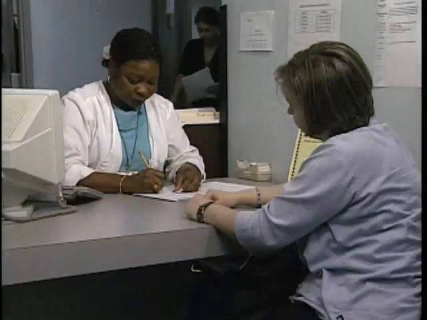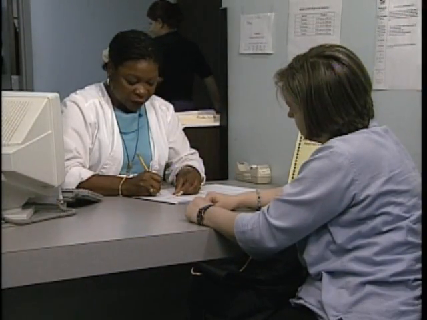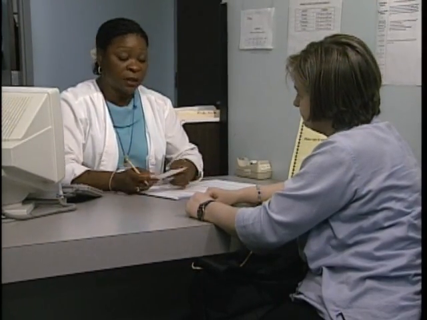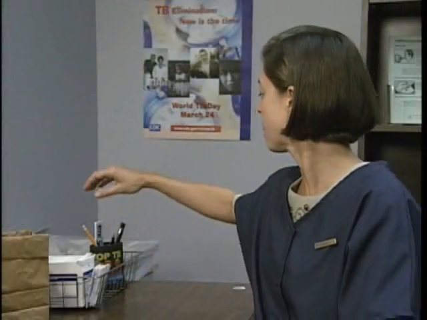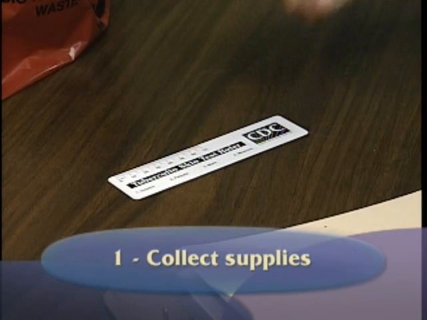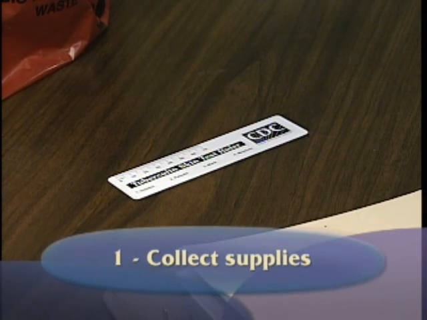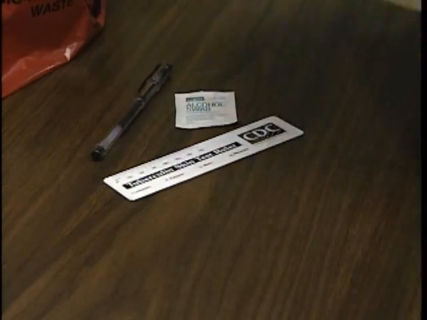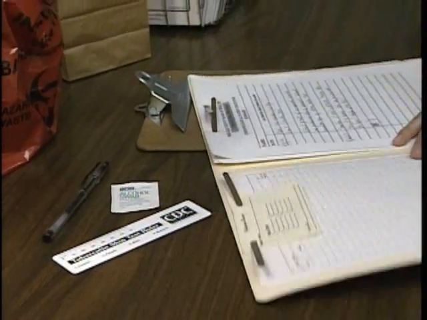The skin test should be read between 48 and 72 hours after the skin test has been administered. A patient who doesn't return within 72 hours will probably need to be rescheduled for another skin test. To begin, collect the following supplies: a small plastic flexible ruler marked in millimeters to measure the test, a pen to mark the edges of the induration, and an alcohol pad to clean off the pen marks.